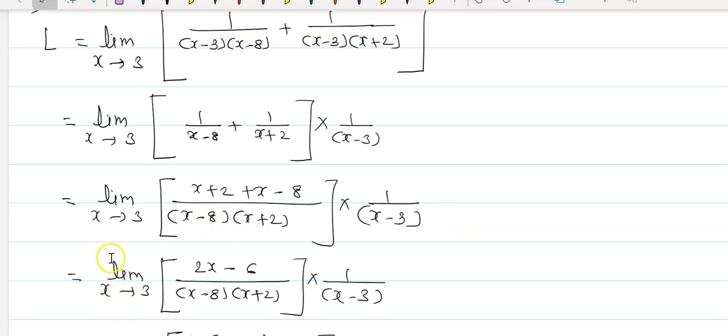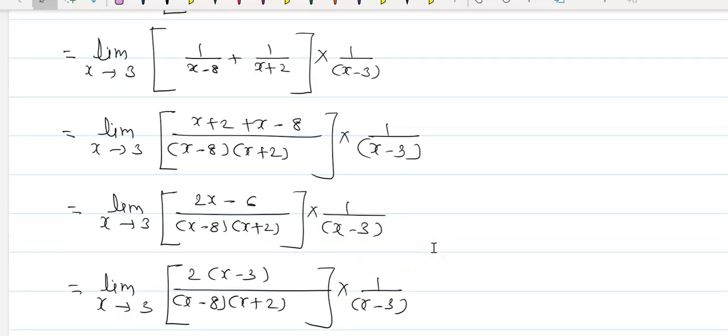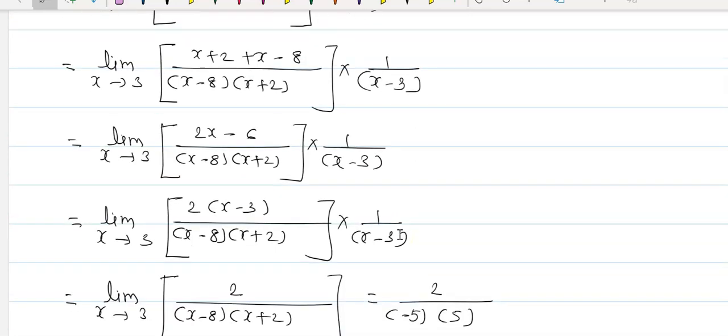And if we simplify this, limit x tends to 3, 2x minus 6 upon x minus 8 into x plus 2 into 1 upon x minus 3. Take 2 as common, then you will get x minus 3 upon x minus 8 into x plus 2. X minus 3 gets cancelled, and then take the limit as x tends to 3, replace x by 3.